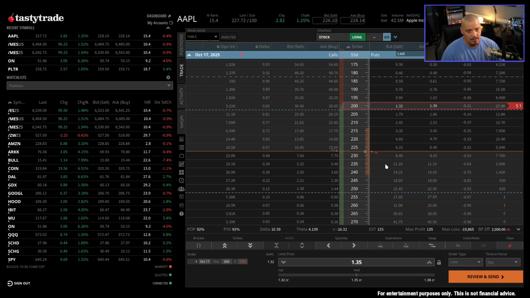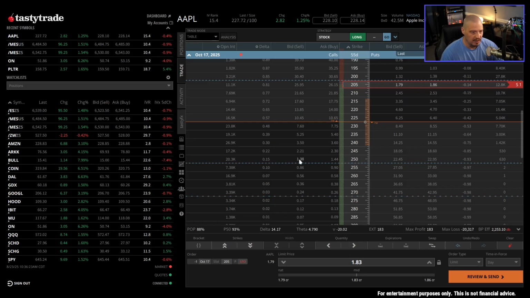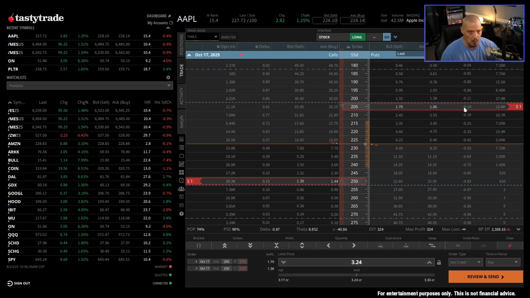The great thing with options, if I know mentally I can only handle taking 5 to 10% of my trades as a loss, just because I hate losing so many trades, I can just ensure that any trade I take, for example this strangle where I sell both an out of the money put and an out of the money call, this strangle here has a 74% chance of winning, just because that's what I want on that trade. I'm comfortable with that win percentage. I want to win 3 times out of every 4 times I do a strangle, right? That's what I'm thinking.